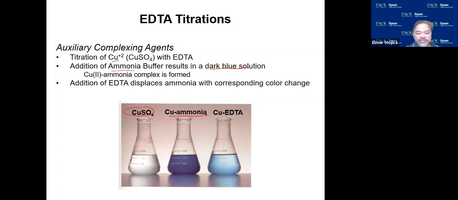If you add ammonia there, it will become darker. If you add EDTA, what will happen is the copper will bind to it. So between EDTA and ammonia, copper would preferably bind with the EDTA because it was able to displace the ammonia that you have.